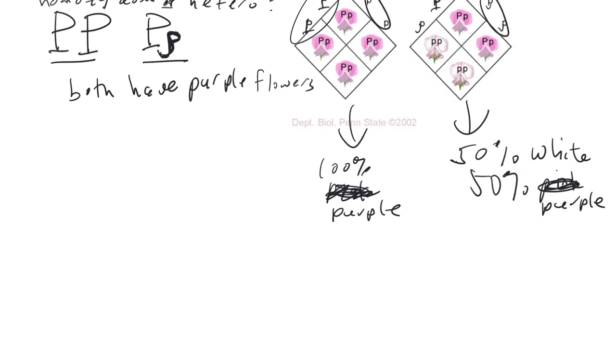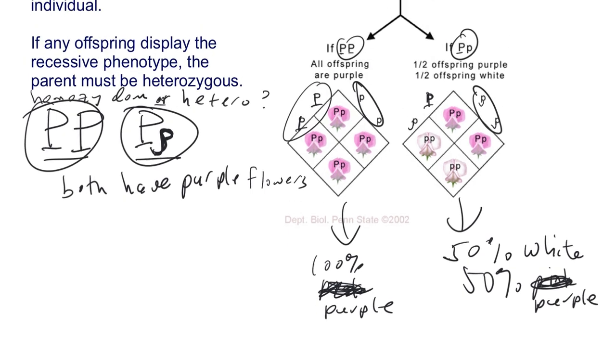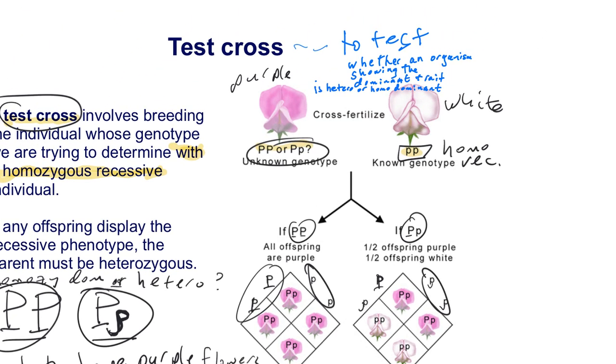Okay, this is very important to understand. This is called a test cross. Again, a test cross is taking something that is expressing the dominant allele. You're wondering, well, is it purebred dominant or is it heterozygous? So you do a cross with a homozygous recessive.